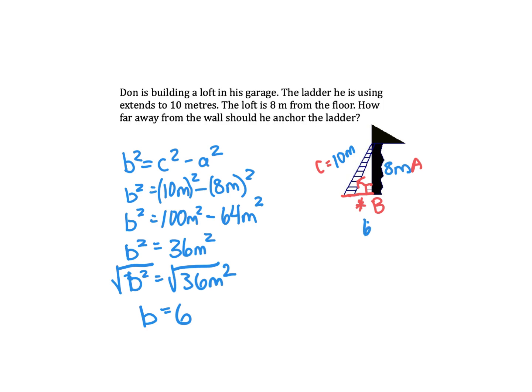So here we could say, therefore, Don should anchor the ladder 6 meters from the wall. And I realize I needed to put the units in there as well.